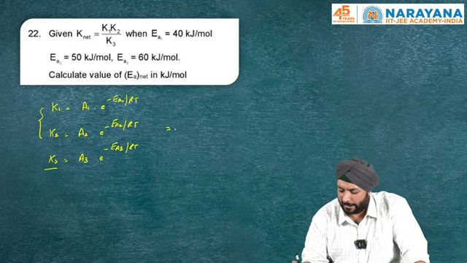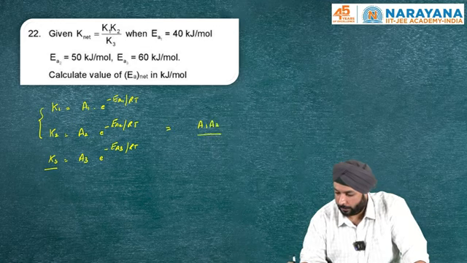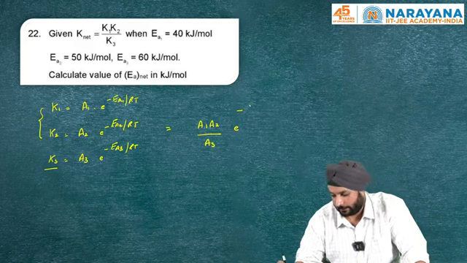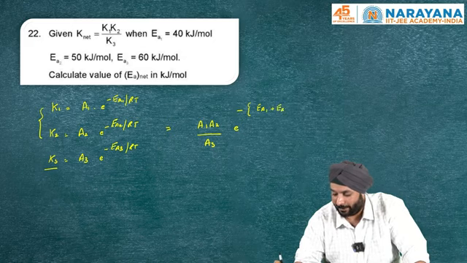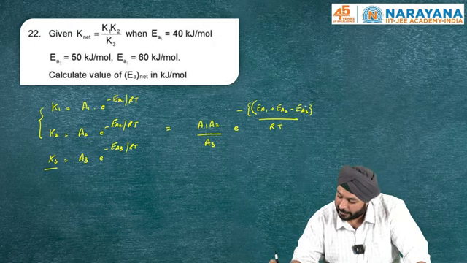So you will get the net equation as A1 A2 by A3 into e to the power minus, you will get EA1 plus EA2 minus EA3, by RT, and this is net EA.